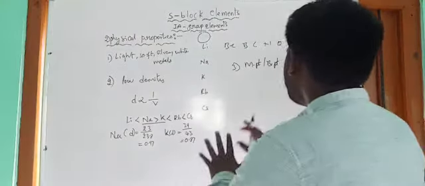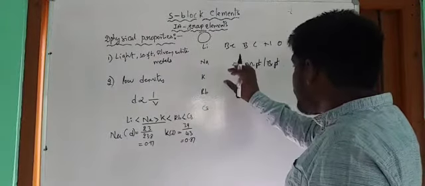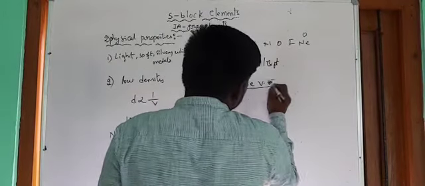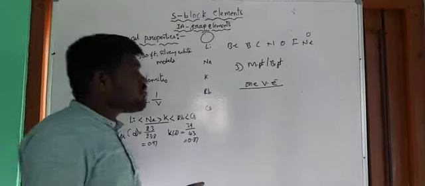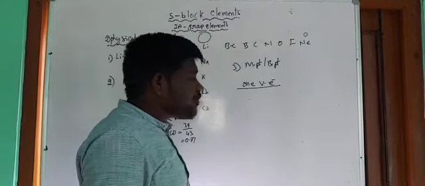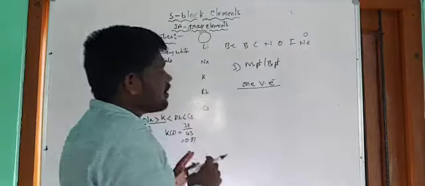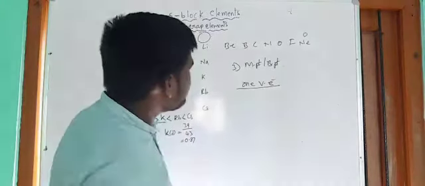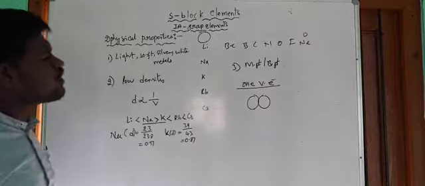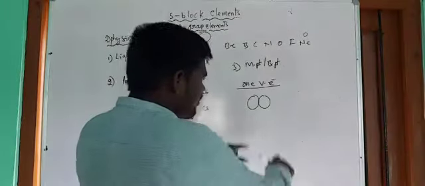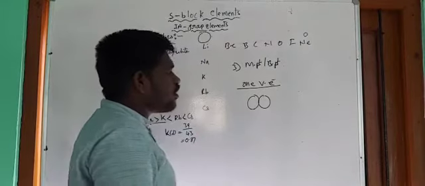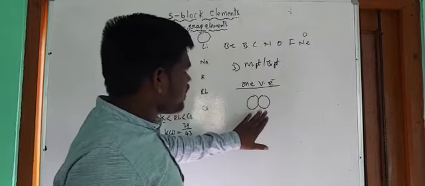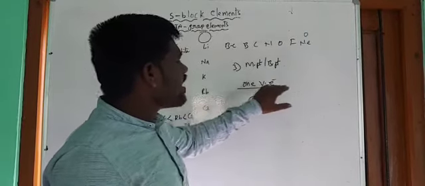Now in these metals, in every element, only one valence electron is present. Due to the presence of only one valence electron, the metallic bond between the metallic atoms of the first A group elements is very weak. If you take sodium metal, between two sodium atoms a metallic bond is present, and that bond is weak due to there being only one valence electron.